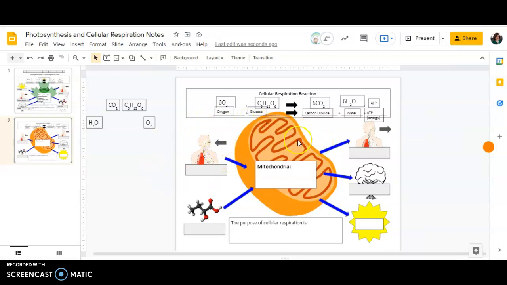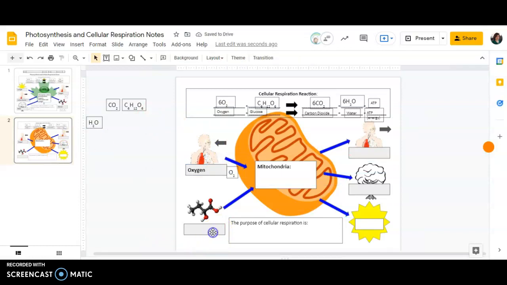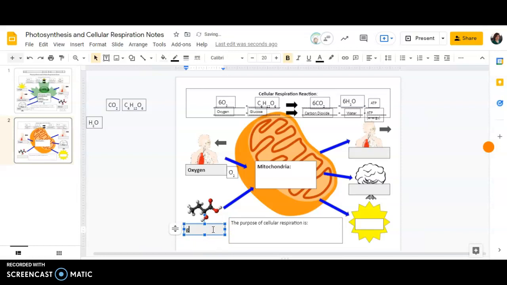All right, this is the mitochondria. Mitochondria is in the cell. All right, so we take in oxygen in the mitochondria. Notice that we have this here. Okay, and we mentioned earlier that oxygen is O2. Okay, and we know that this is the glucose, which is the sugar molecule.